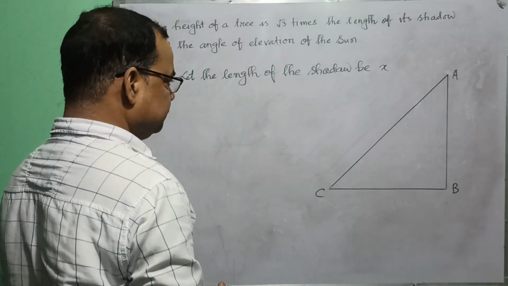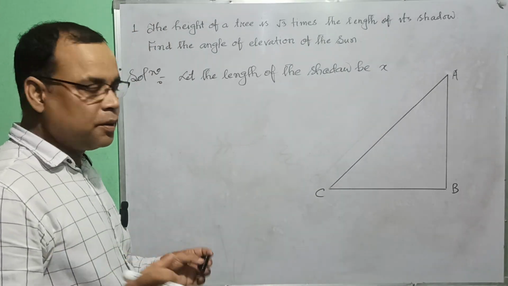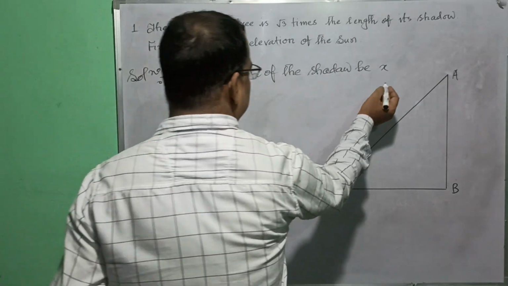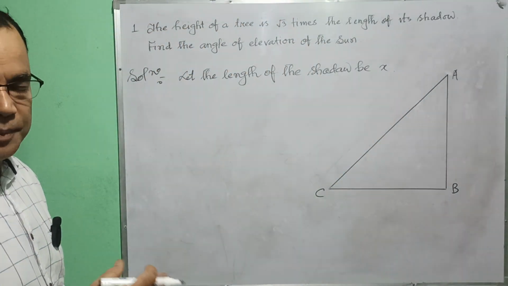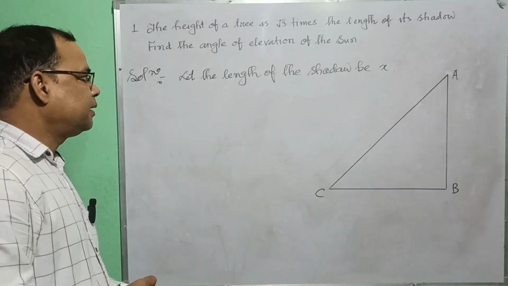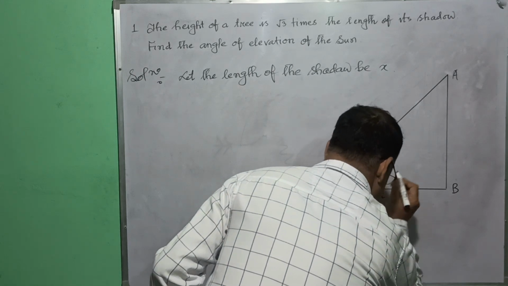So it is given √3 times the length of the shadow. Here no unit is given, so we'll write only x. If the unit is given, we'll write meter or centimeter. So let the length of the shadow be x. It means BC is x.